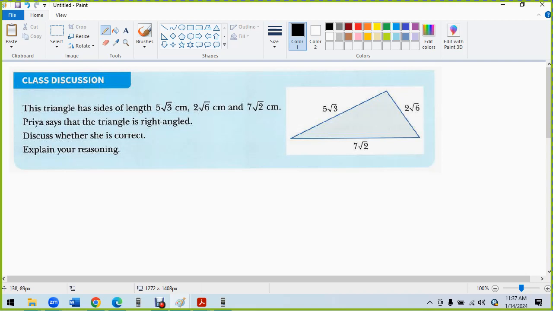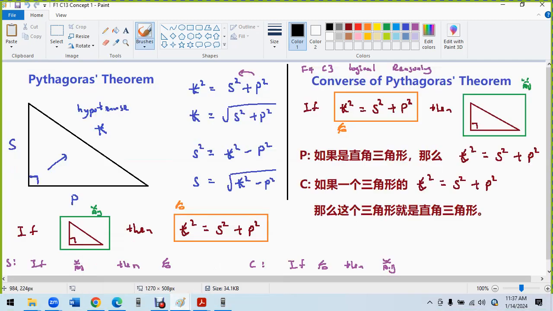Class discussion. This triangle have side of this, and this. So someone say that this is a right angle. Discuss whether she is correct. Explain your reasoning. So to show that something is a right angle, we must use the converse of Pythagoras theorem.